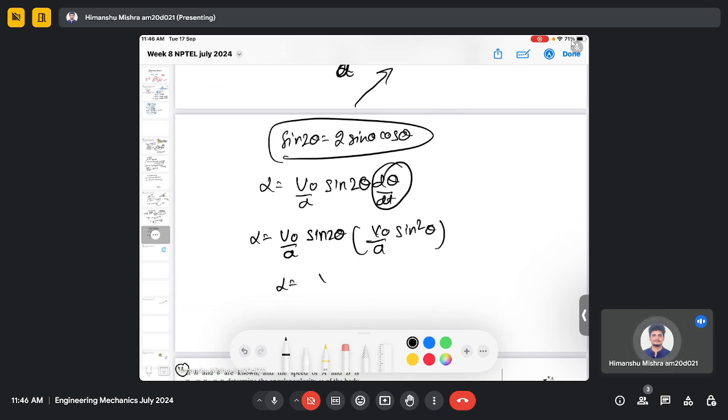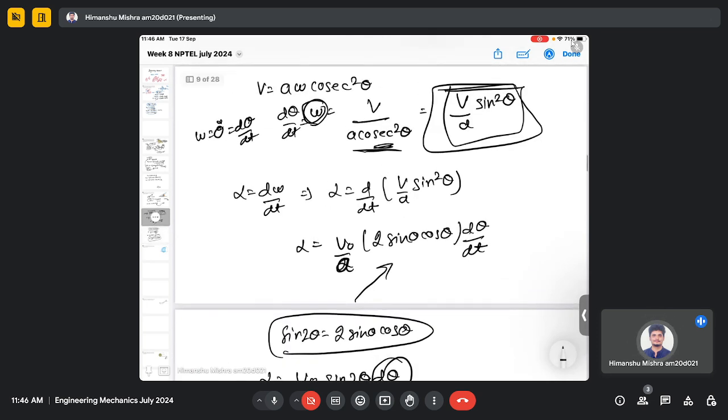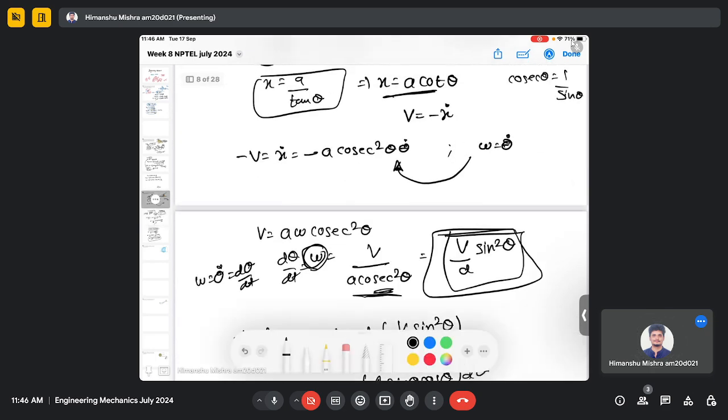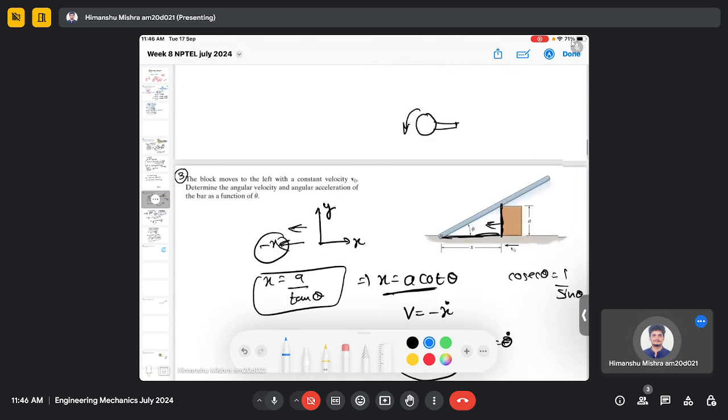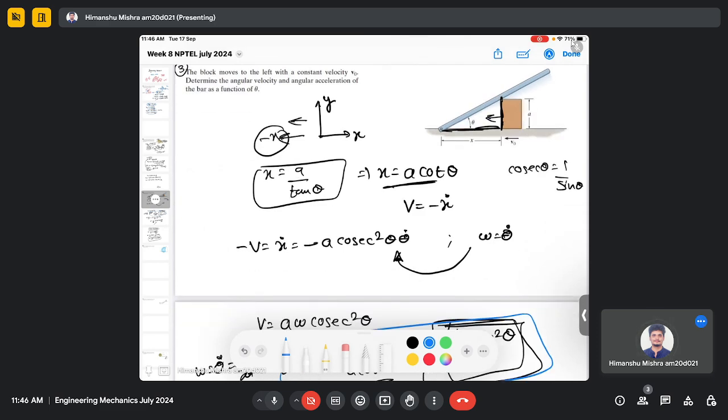So alpha will be v naught by a whole square, sine 2 theta by sine square theta. This is the angular acceleration of the rod, and this is the angular velocity we found. So you can see the problem is very similar to the one we solved previously, but it is more about the mathematical algebra here.